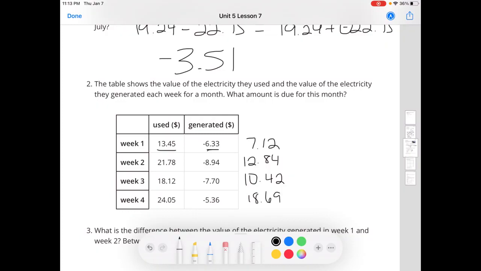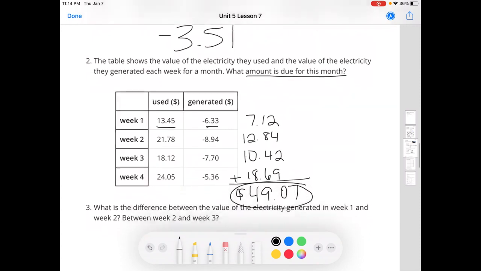So to figure out my total amount due for this month, I would add these all together. So we have $7.12 plus $12.84 plus $10.42 plus $18.69, which gives us a total balance of $49.07. So this is how much he would pay for his electric bill that month.